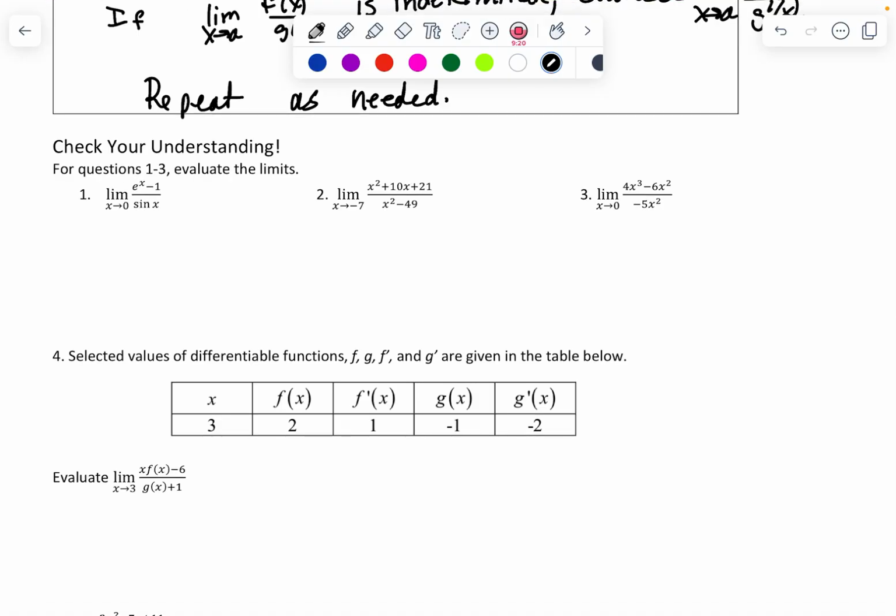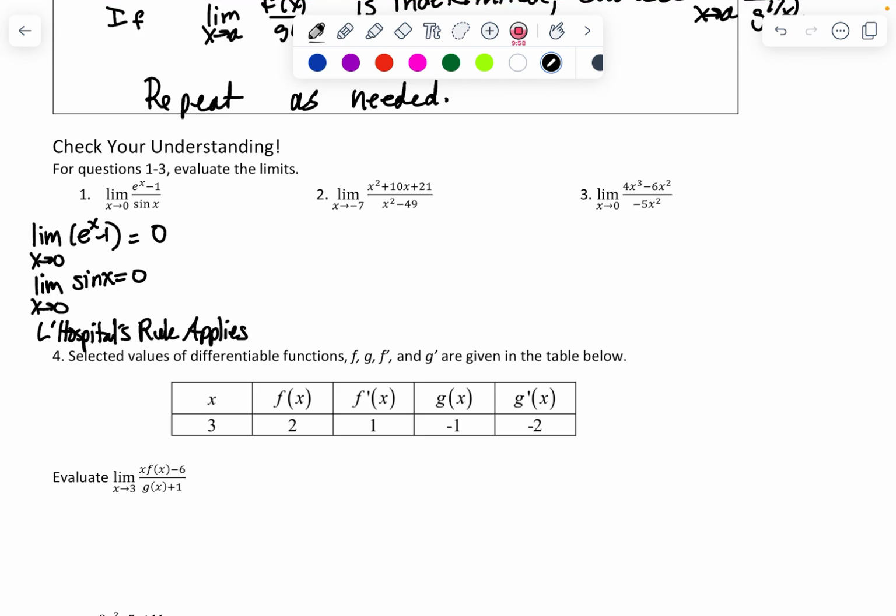All right, so in terms of the rubric, you have to do these in a very, very specific way. So if I mentally plug in e to the 0 is 1 minus 1, I get 0 in the top. And if I plug in 0 in the bottom, I get 0. So the way that you have to do this is you have to do your limits separately. Okay, you cannot write equals. So you write them separately.